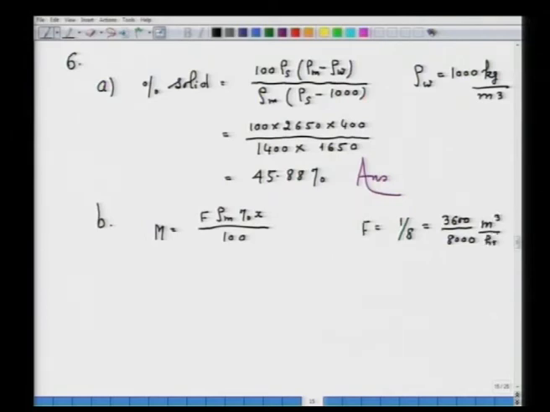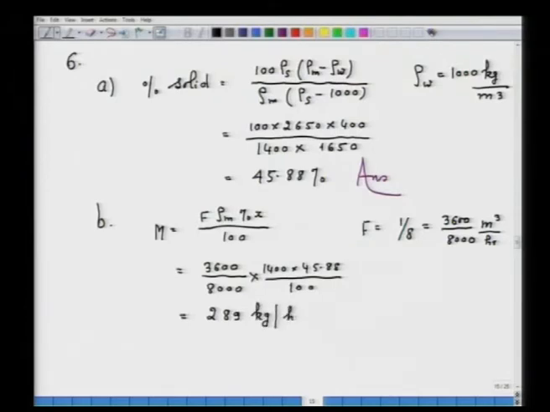So, F is 3600 divided by 8000, density of the slurry is 1400 and percent x, that we have calculated, 45.88, of course, divided by the 100. So, this mass flow rate of the quartz comes to equal to 289 kilogram per hour.